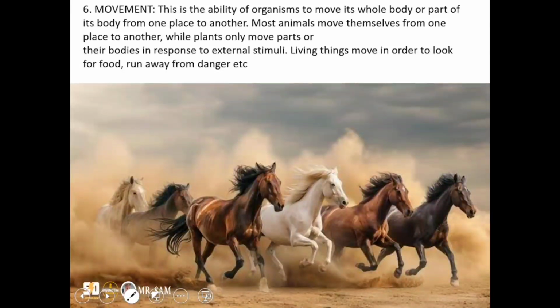For us animals, we can use our legs and move around from one place to another. So every living thing moves either its whole body or part of its body, as the case may be. Most animals move from one place to another, while plants can only move parts of their bodies. Living things move around either to look for food or mates or to move away from a dangerous environment.